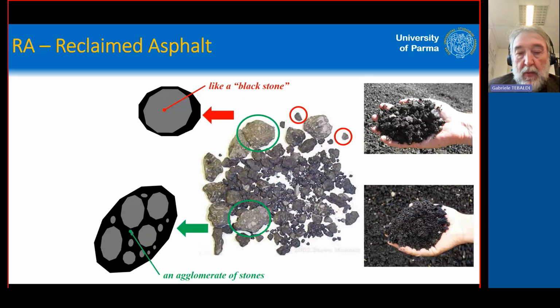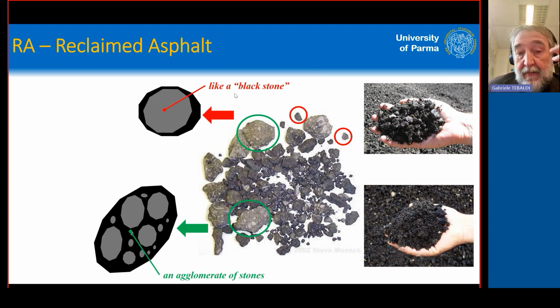So, what is reclaimed asphalt? I think everyone knows. Basically, it is the result of the milling operation, or sometimes, just to add more complication, it is where the contractors send the, let's say, undesirable or the wrong mixture.